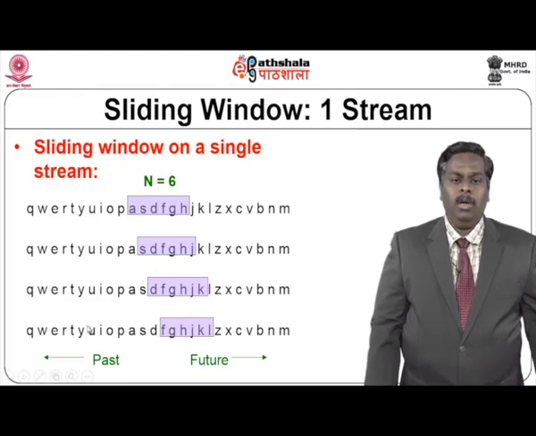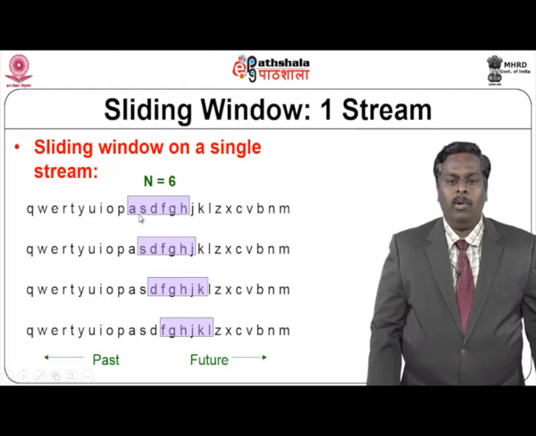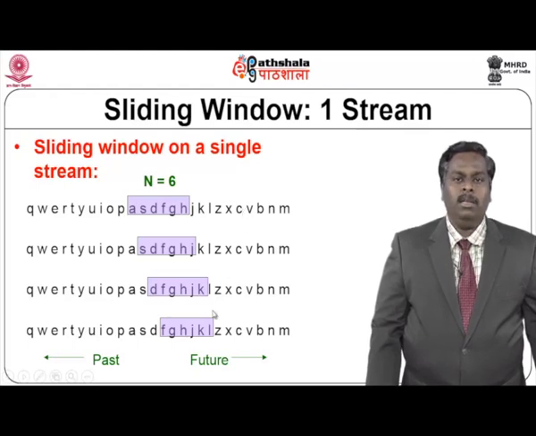But when you take a look at this picture, you will get a feel as though the stream is fixed, that is static, but the window moves over the stream, and that is the reason why it is called a sliding window.